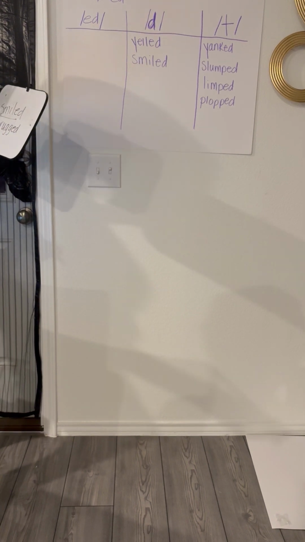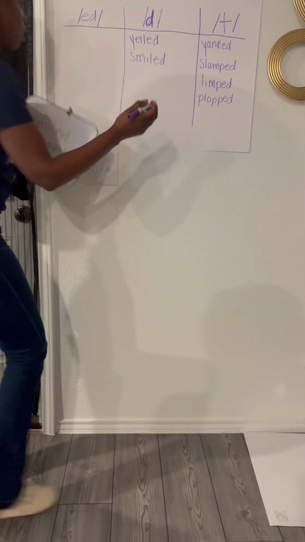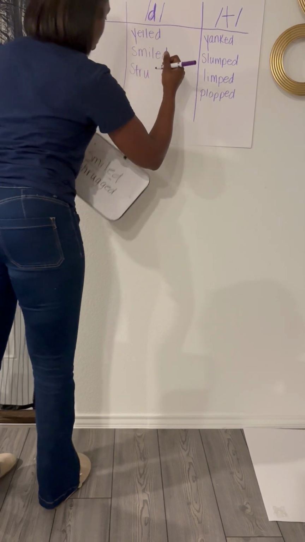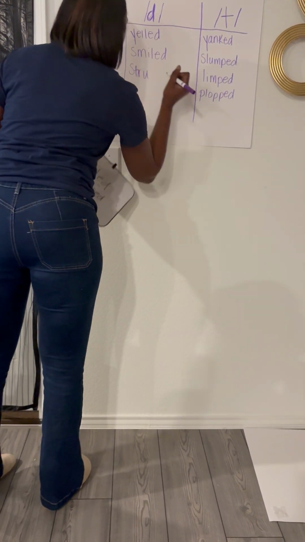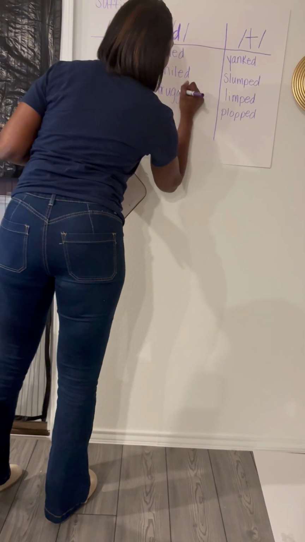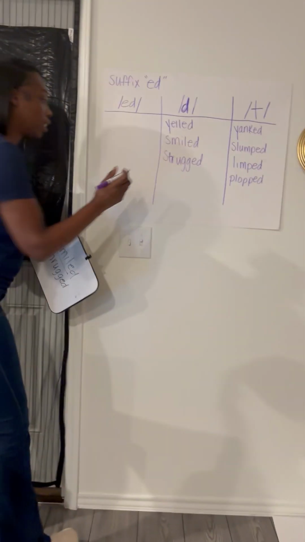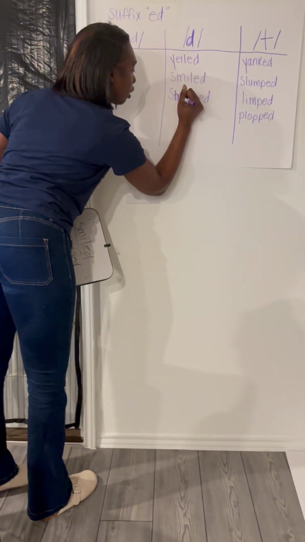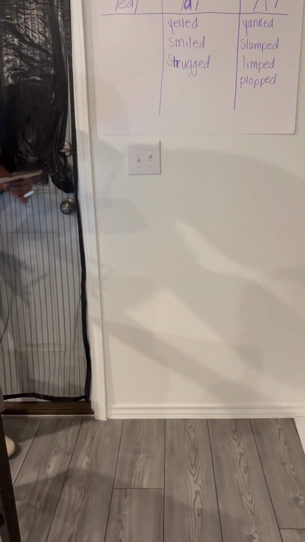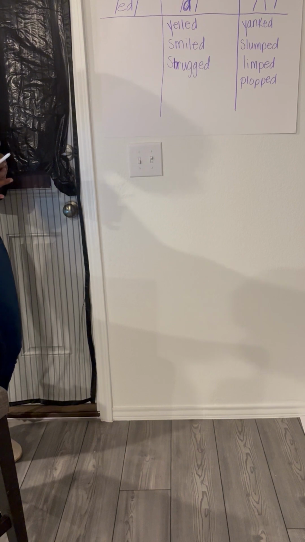D. Good job. So you have to think about it before you just blurt it out. Sound it out first. Shrugged. Good job. Our next word is going to be light.